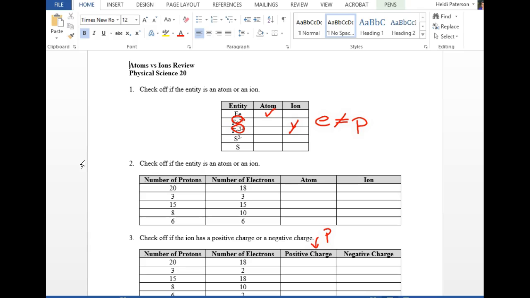Okay, so in this case, we have less electrons than protons, and that is why the substance has a positive charge. If something has a negative charge, does it have more or less electrons? More.